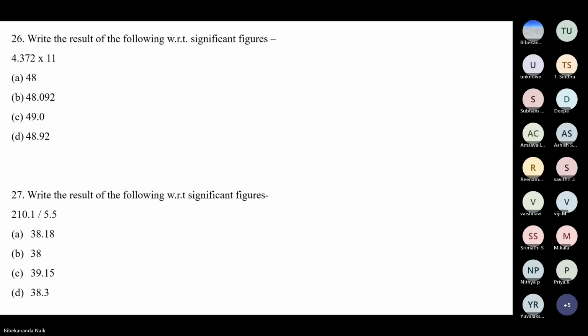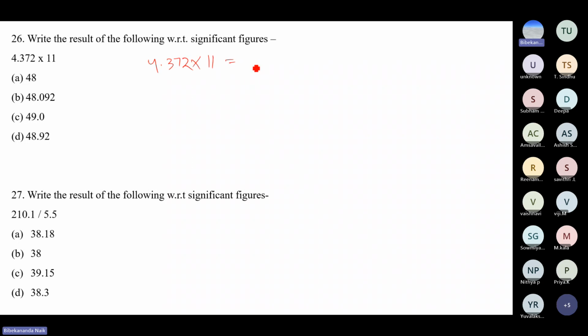Option A, sir. Yes, in 26, option A will be correct. That is only 48. It is 4.372 into 11.